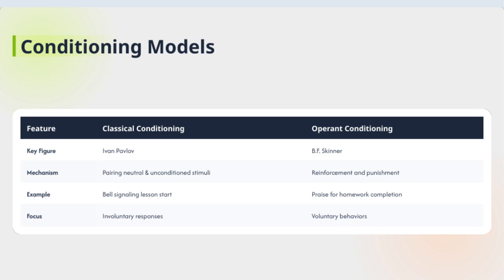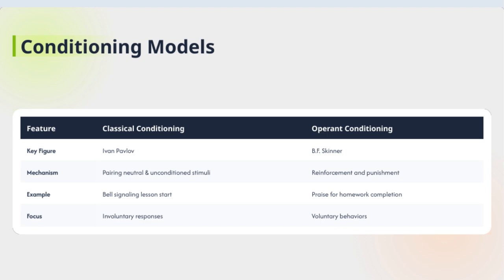To understand how behaviors are learned, it's helpful to look at some classic examples. For instance, Pavlov's experiments with dogs demonstrated classical conditioning, pairing a neutral stimulus like a bell with an unconditioned stimulus like food to eventually elicit a conditioned response. On the other hand, B.F. Skinner focused on operant conditioning, which involves learning through reinforcement and punishment. Here, behaviors are shaped by their consequences.